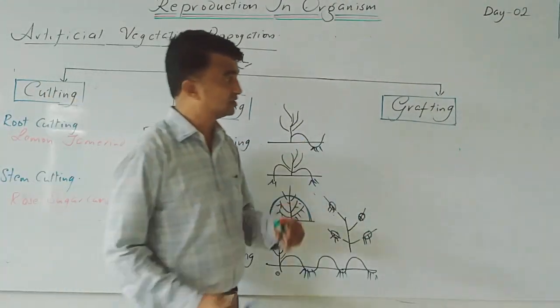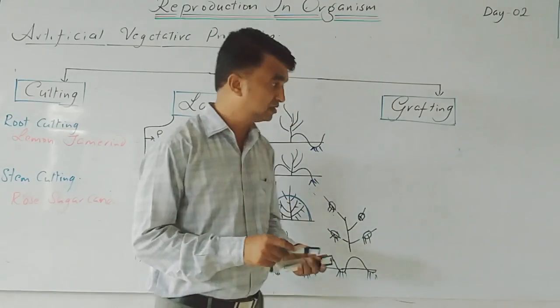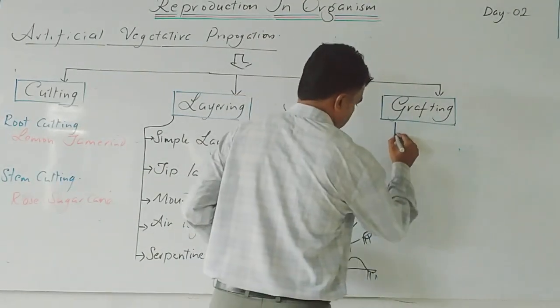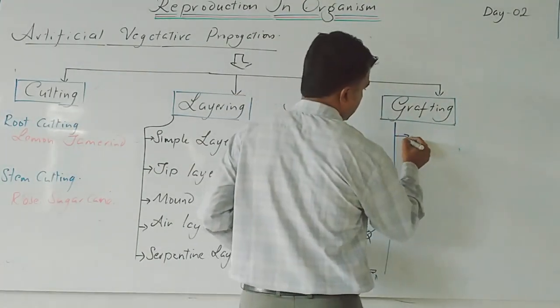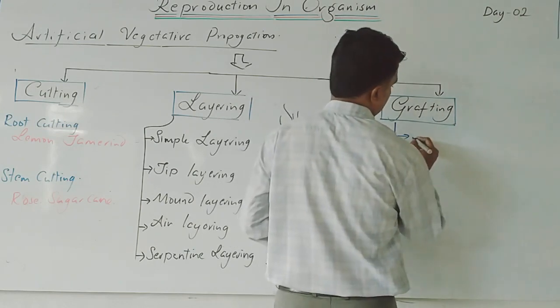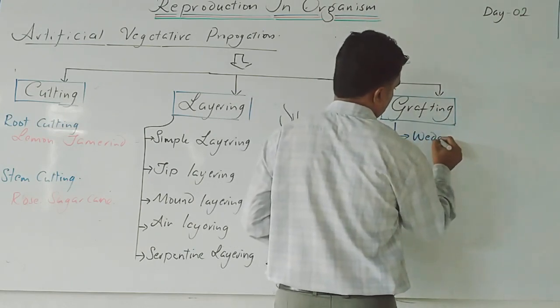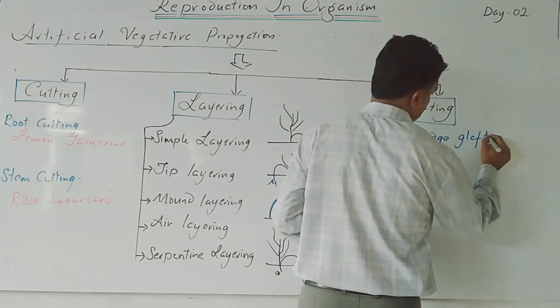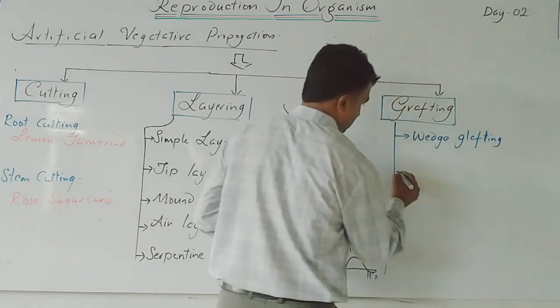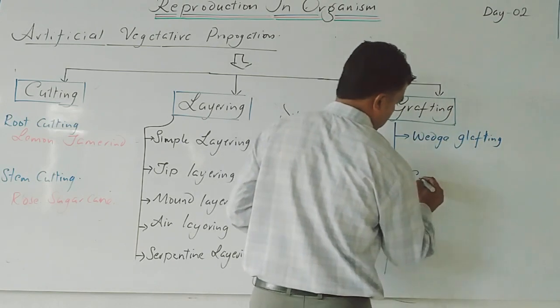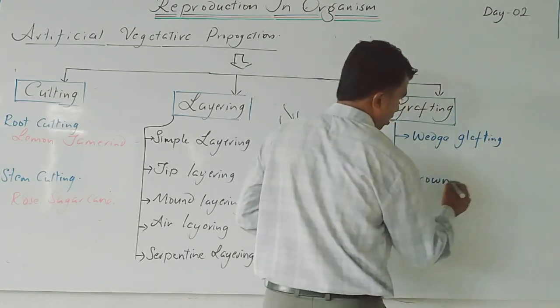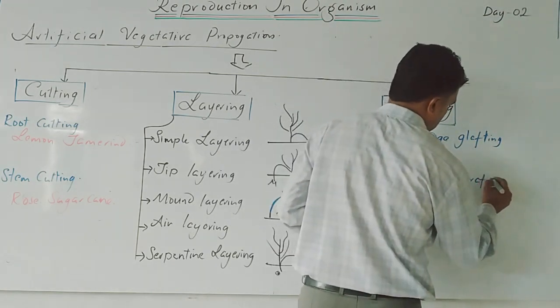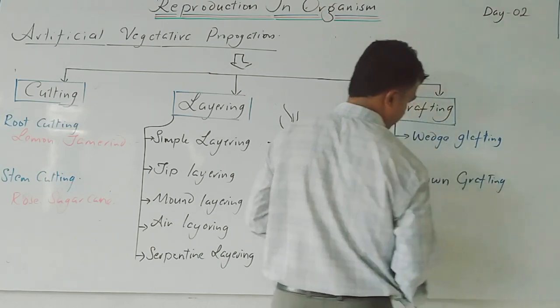Now the next one is grafting. Under grafting, again types are there. One is wedge grafting. Second one is crown grafting.